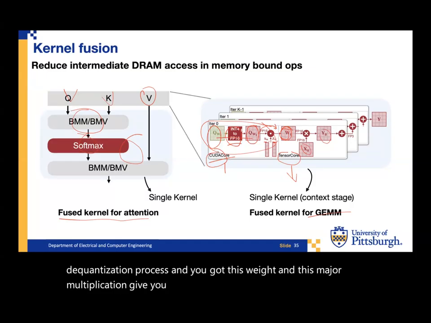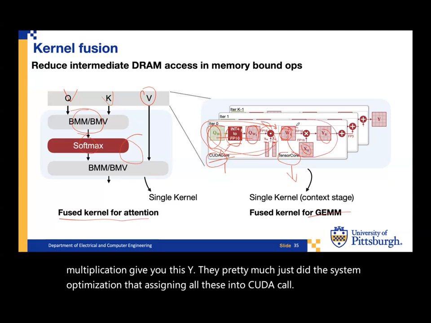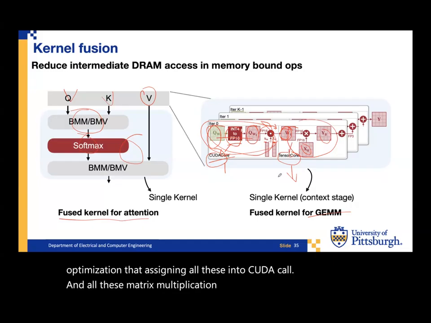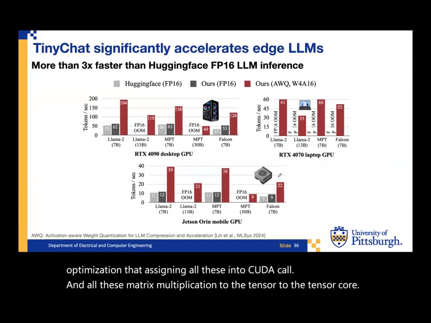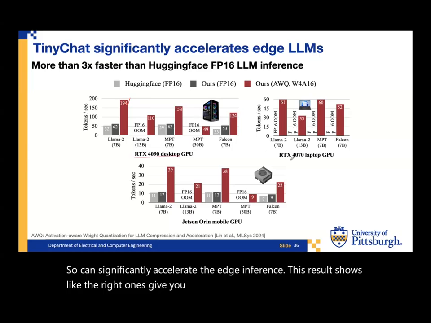They pretty much just did the system optimization, assigning all these to the CUDA core and all these matrix multiplications to the tensor core. So it can significantly accelerate the edge inference. This result shows the right ones give you higher throughput for all these desktop, laptop, and mobile GPUs.